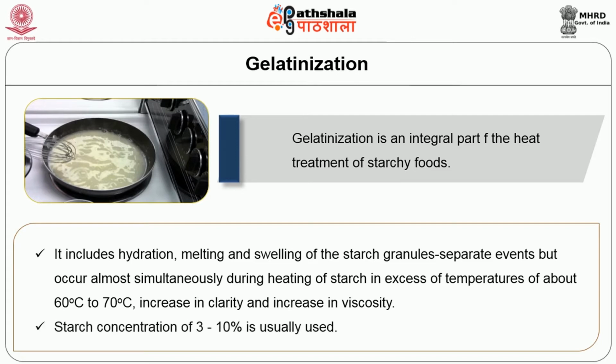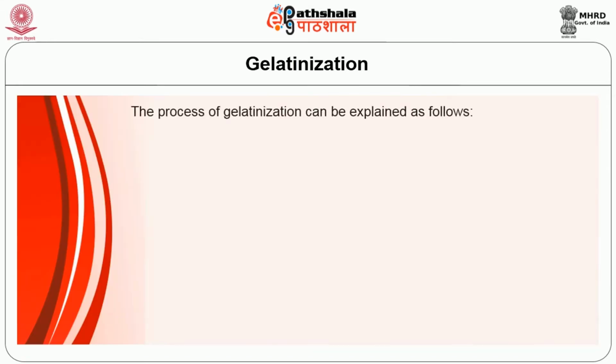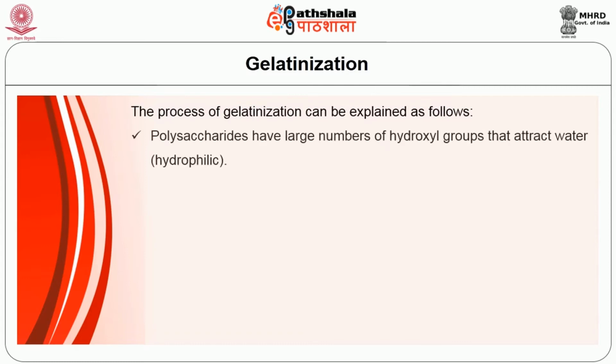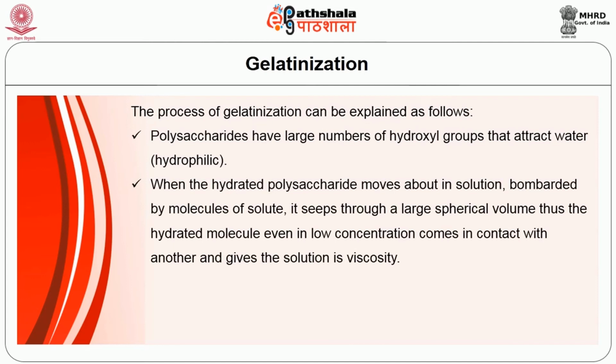A starch concentration of 3 to 10% is usually used. The process of gelatinization can be explained as follows. Polysaccharides have large numbers of hydroxyl groups that attract water. When the hydrated polysaccharide moves about in solution, bombarded by molecules of solute, it sweeps through a large spherical volume.